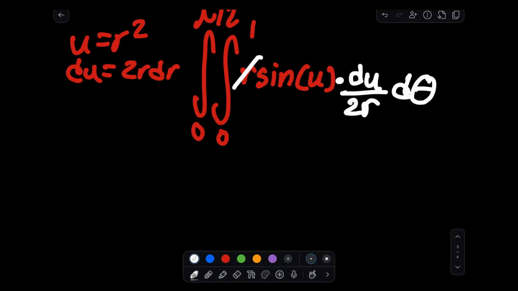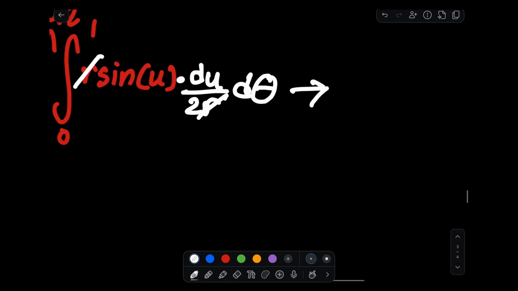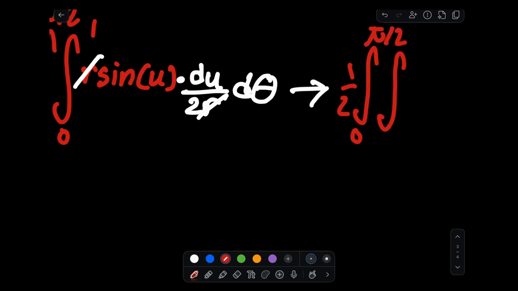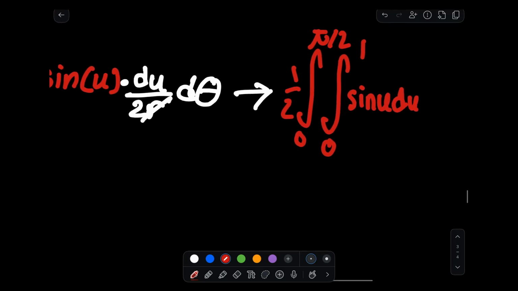And this r and this r will cancel out. And then we're going to get this as follows. And I'll actually rewrite this in red again. So we're going to have now 1/2 integral 0 to pi over 2, 0 to 1 of sine u du d theta. And the d theta is going to be constant to everything. There's no theta, so we can just leave that as is.